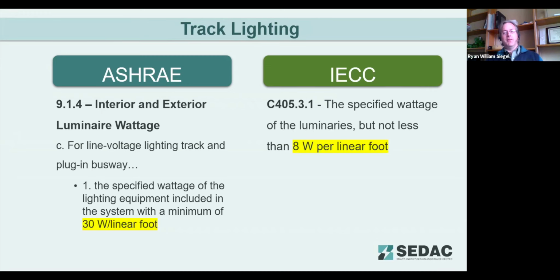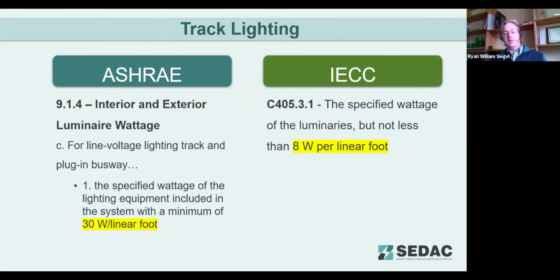One of the other big, this is when you're talking lighting power, and this will be about the end of lighting power, but track lighting is where there's a huge difference between the two. ASHRAE standard for track lighting and plug-in busway is 30 watts per linear foot.